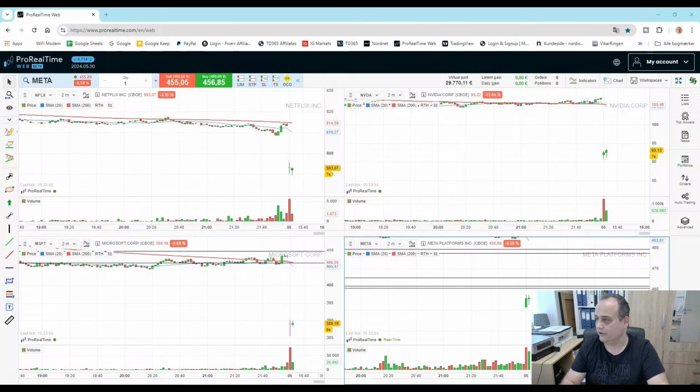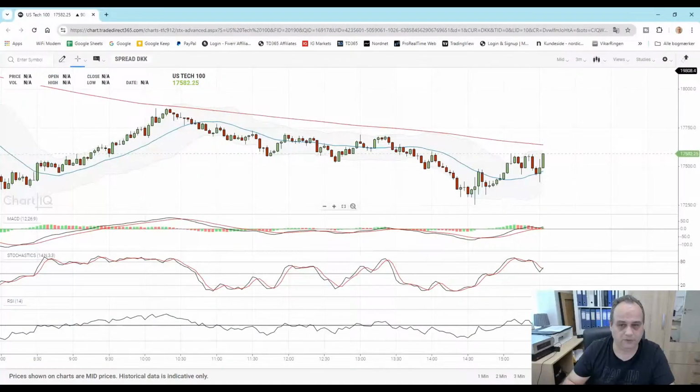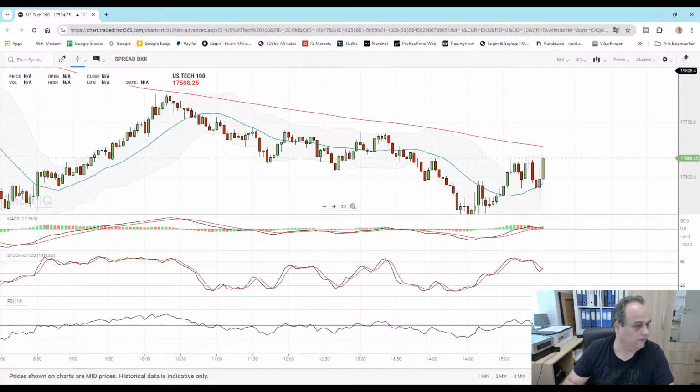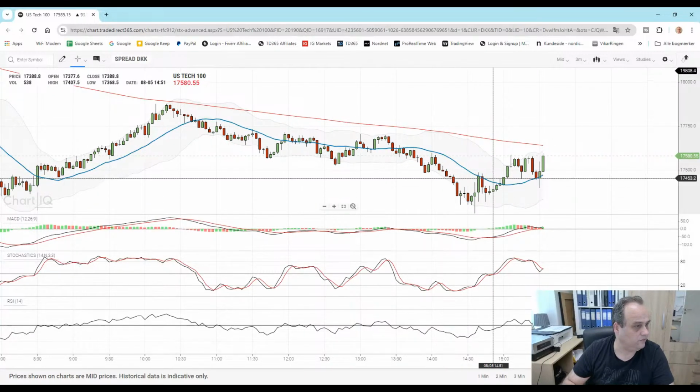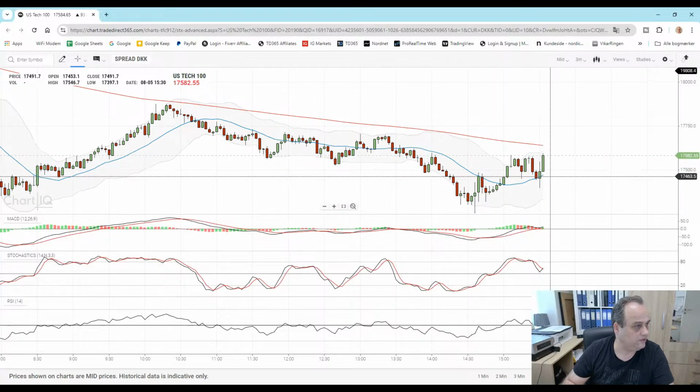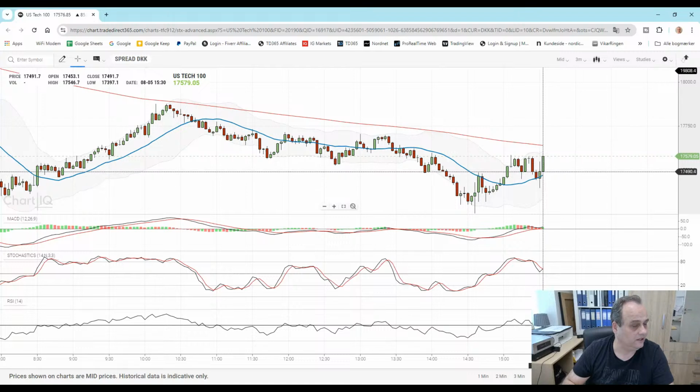So maybe if I can drag in here the Nasdaq very quickly. Let me see if you guys can see that one. Here we go. Should be the Nasdaq now. Now I didn't get to enter the trade, but what I noticed is that after being underneath the 20 moving average, now the price is going to get squeezed in here, but it's actually found some kind of support on the 20 moving average, at least for a short while.